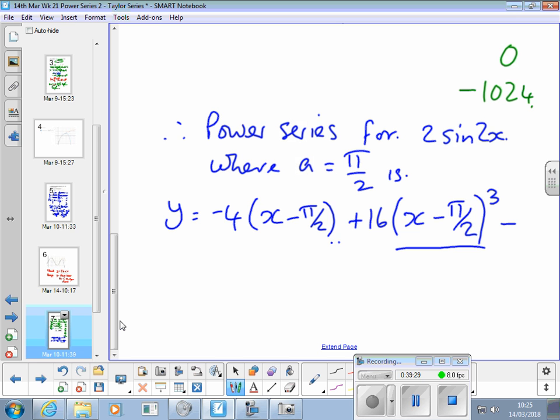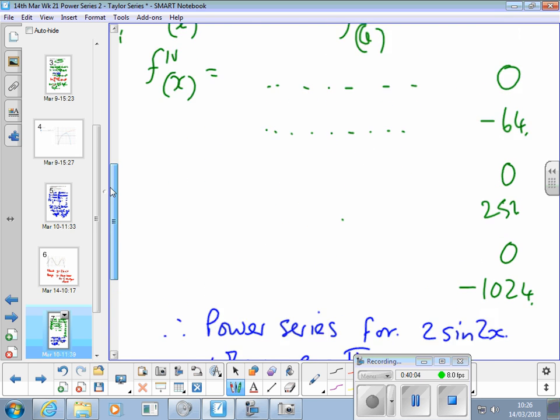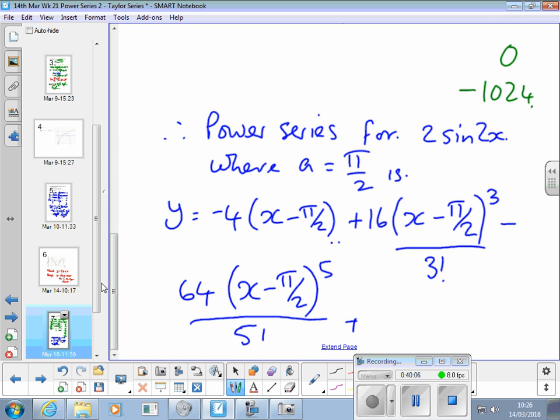over 3 factorial. Next one is negative, and that was minus 64, wasn't it? Times x minus pi over 2, power of 5, over 5 factorial, plus 256, next one after.